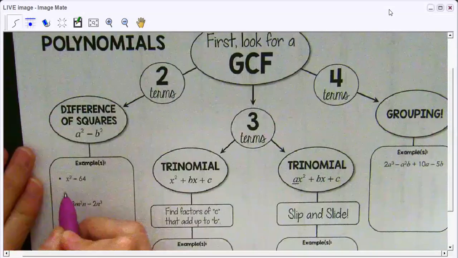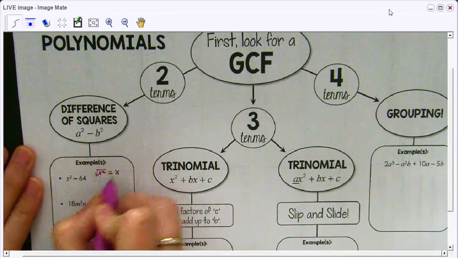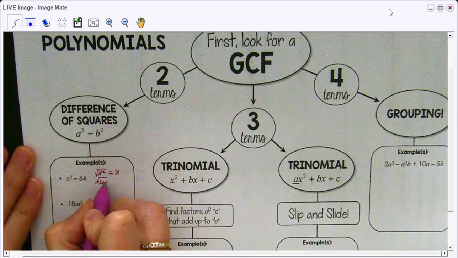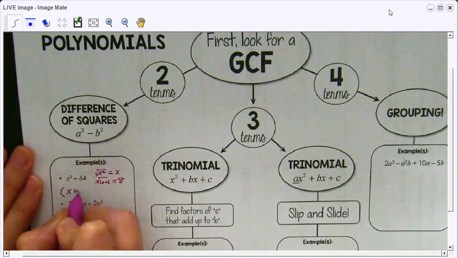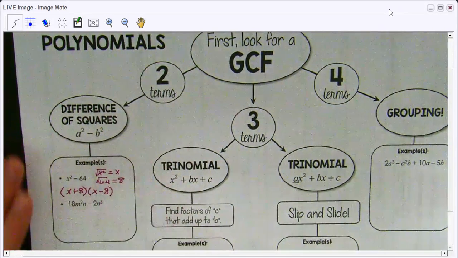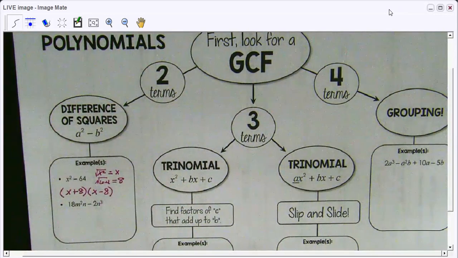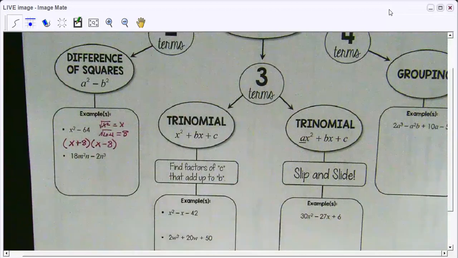So what is the square root of x squared? And the square root of 64? Right. So you would have x plus 8 and x minus 8. Okay. Now look at this one.